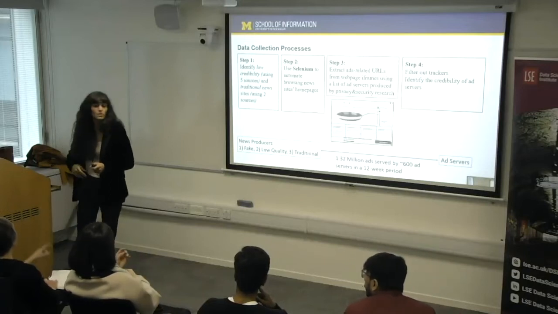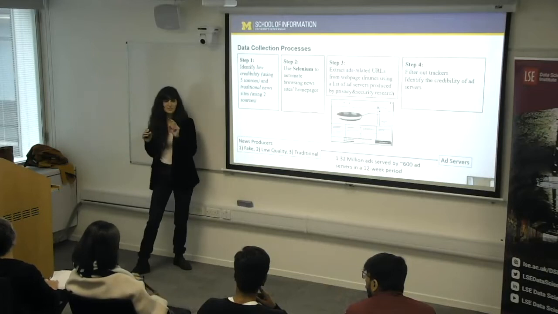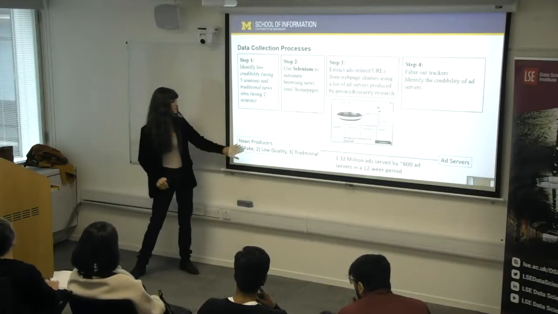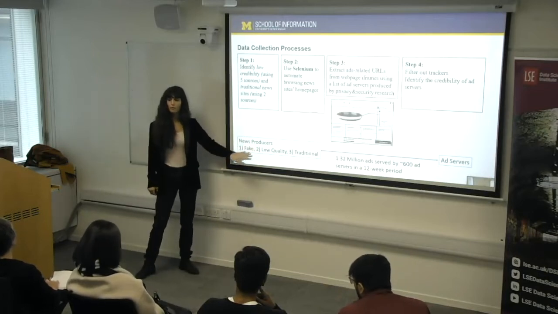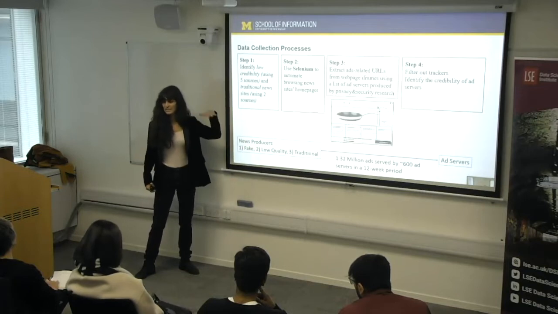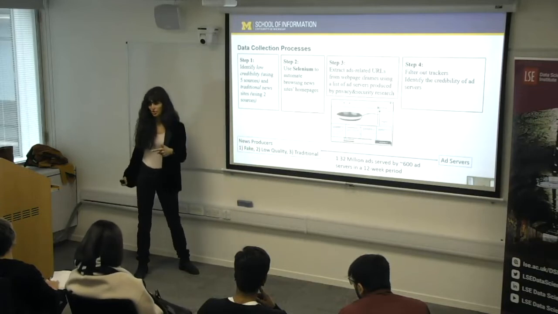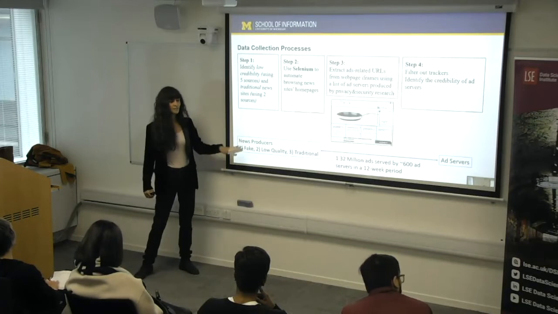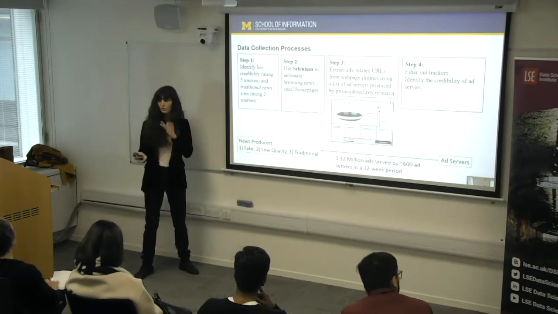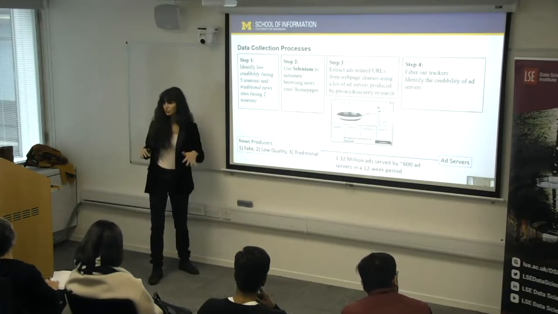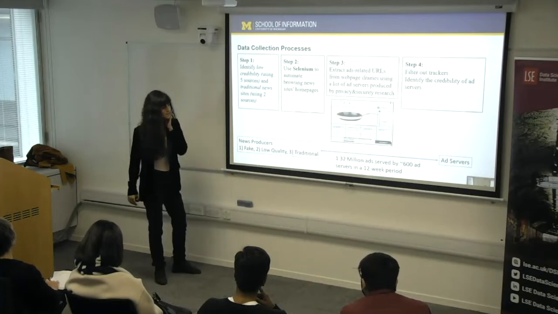The credibility level and the fake, low quality, traditional labels, those are determined by your judgment of the source? So there are two credibility notions. One of them is at the producer level, and there we are relying on the lists I mentioned before that are by fact checkers and scholars. We did robustness checks to see what happens if I use one list versus the other, and the results are not substantially different.